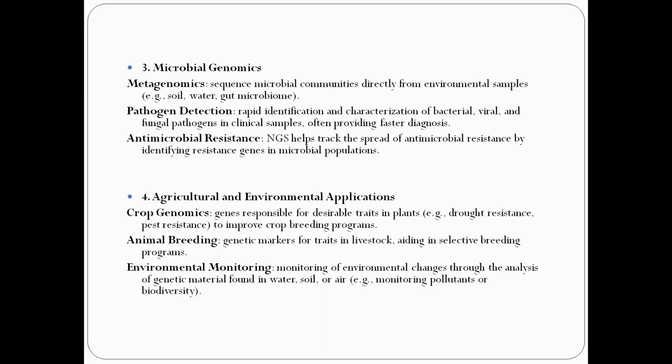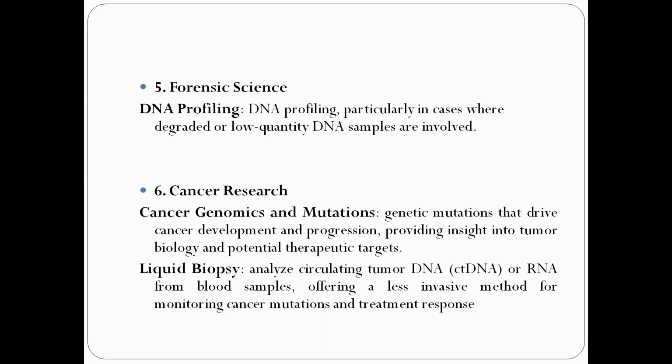Then extending the applications of NGS to agriculture and environmental applications, it can be used to sequence genes which are responsible for a few desirable traits in plants, helping crop breeding programs, in animal breeding, also in selecting a few traits in livestock and selective breeding programs, and then also in environmental monitoring of environmental changes through the analysis of genetic material found in water, soil, or air.